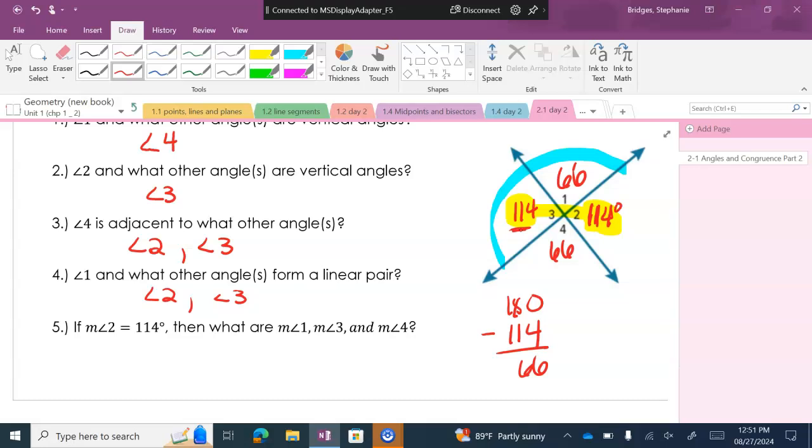Like these two together make a straight line. That's my linear pair. And so then we'll just subtract our 95. Okay.